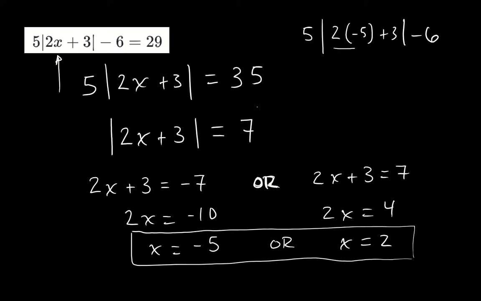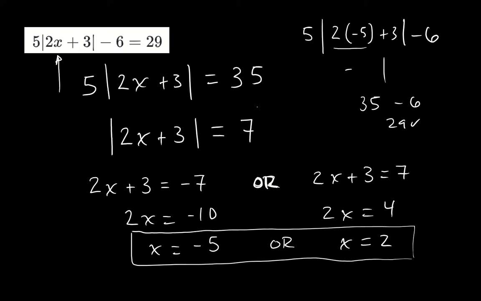Well, this is going to become the number negative 10, and negative 10 plus 3 is going to be a negative 7. Negative 7 times 5 is negative 35. And if I take the absolute value of negative 35, that becomes 35. So this becomes 35 minus 6, which is indeed 29. So when I plug in negative 5, we can see it checks.